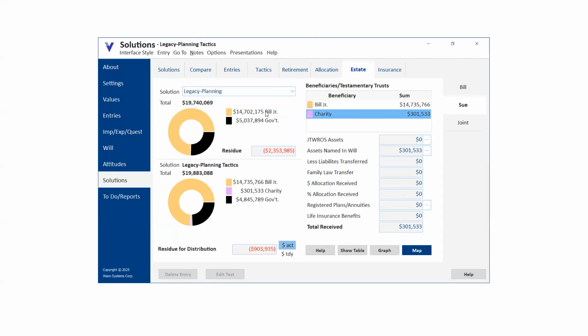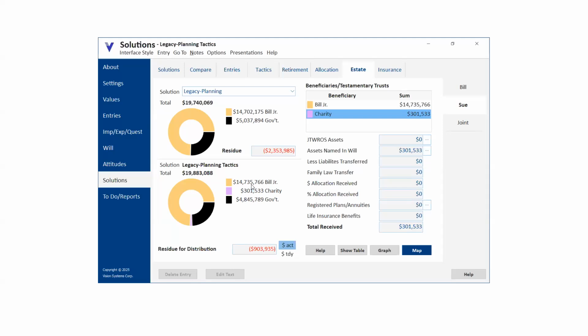The amount that went to Bill Jr. was 14.7. The amount that's going to Bill Jr. is now higher at 14.735. And there's an amount going to charity, which is the art donation. And interestingly, what's going to the government drops from a little over 5 million to 4.8 million.